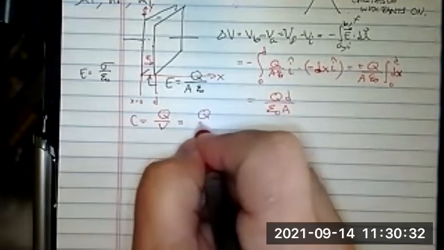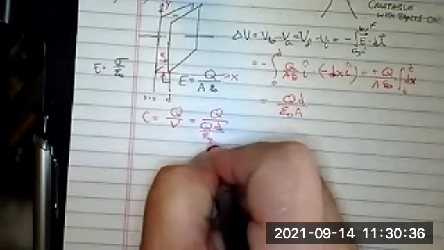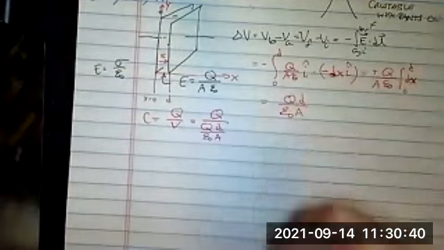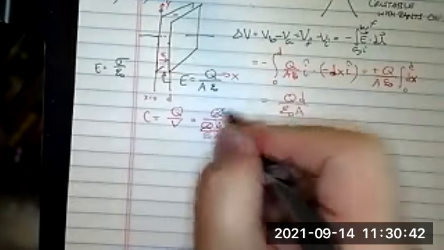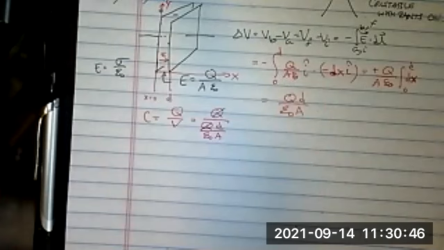So I'm going to take the Q and divide it by Qd over epsilon naught A. And I think you can see what happens. The Q's cancel out. And that should always happen, by the way, when you use this definition of capacitance. You should ultimately get a capacitance that only depends on the geometry of the capacitor.